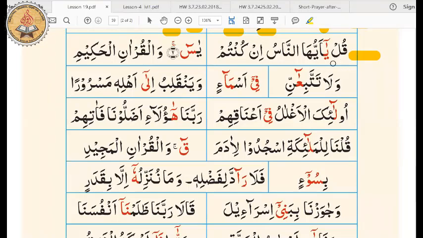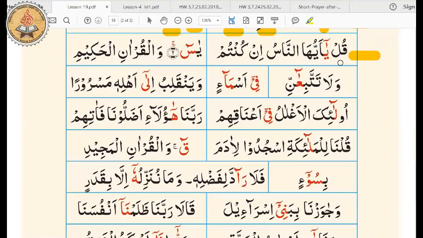Kul ya ayyuhan nasu in kuntum. Okay, you tried really well. Just be mindful about the strokes and the sounds of the letters and how much time we are going to give them, and then read it once more, please.